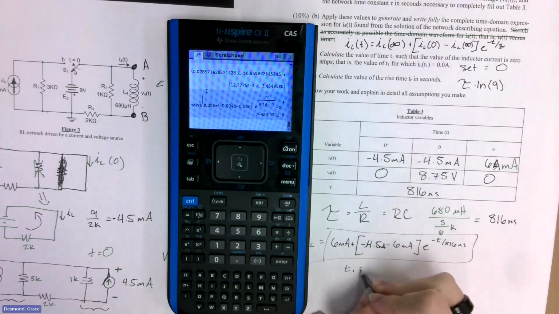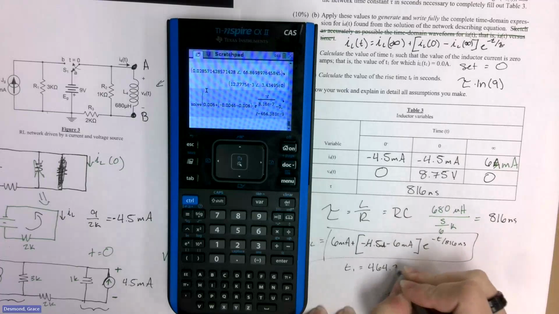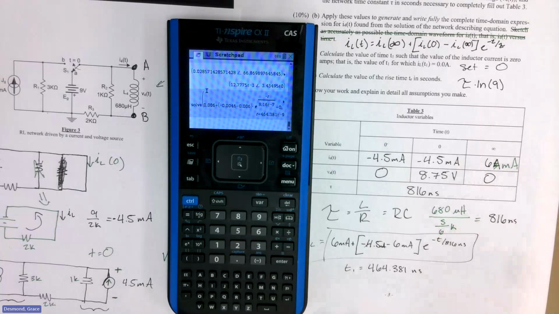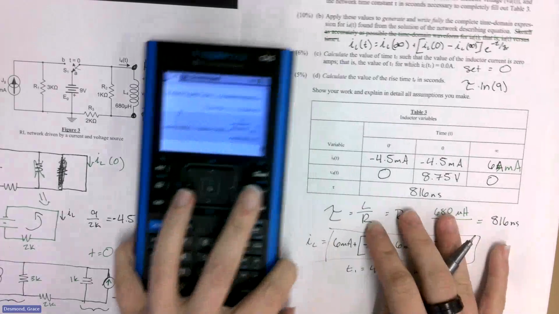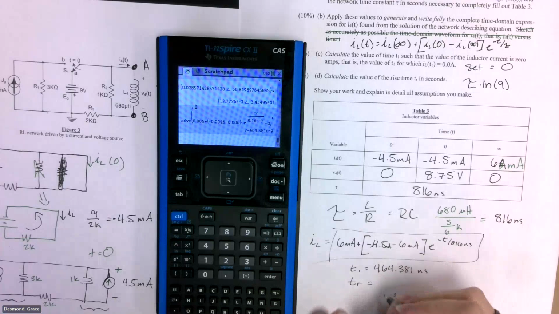So T1 is equal to 464.381 nanoseconds. Whenever you're looking at really small seconds, I would prefer you put it in nano or micro, but if you put it in times 10 to the whatever, that's okay. It again makes my life as a TA easier, and I would greatly appreciate it. And then lastly, rise time, TR, what does that equal to?